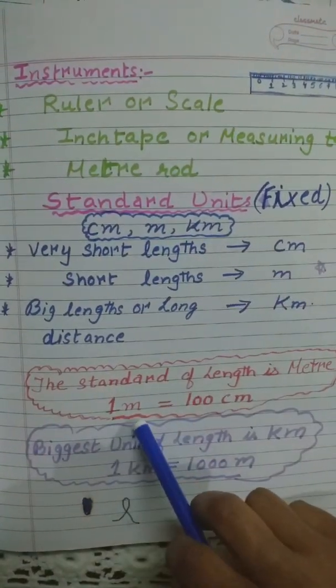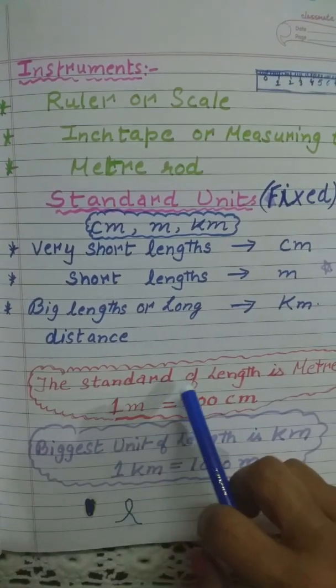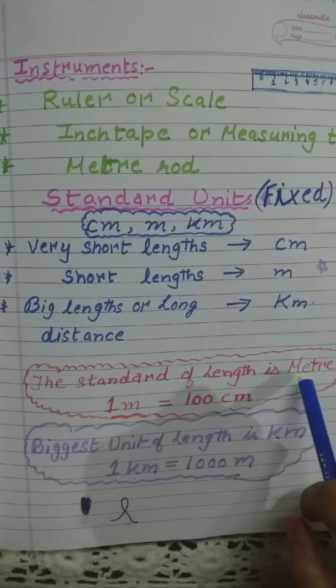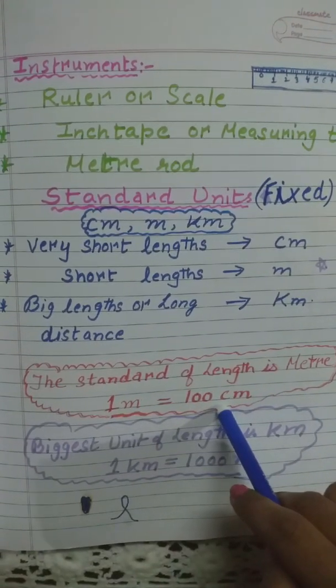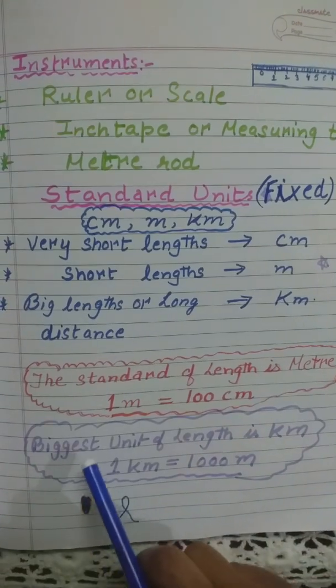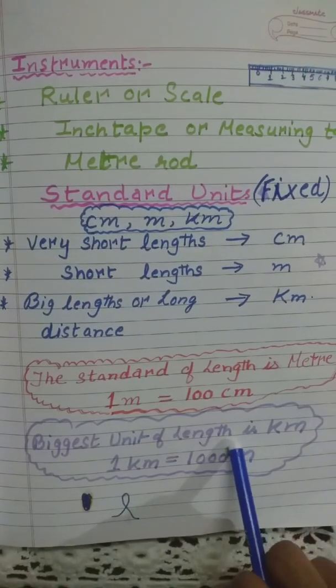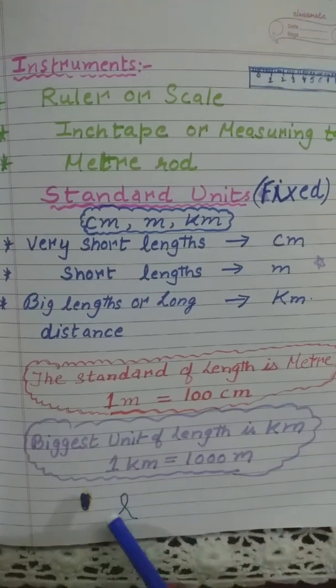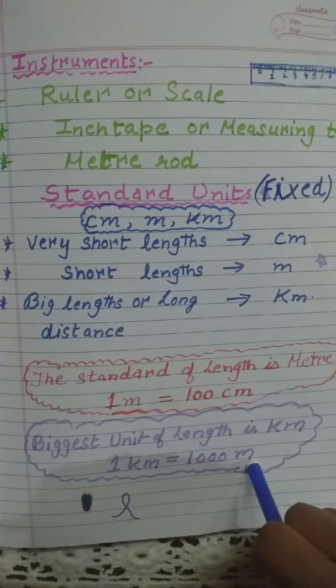So 1 meter is equal to 100 centimeters. So the standard unit of length is meters, and 1 meter is equal to 100 centimeters. Now if we take the bigger unit, that is the bigger unit of length is kilometers, and 1 kilometer is equal to 1000 meters.